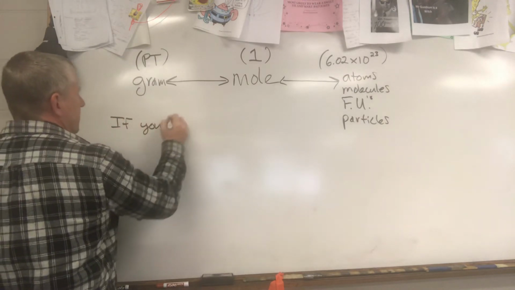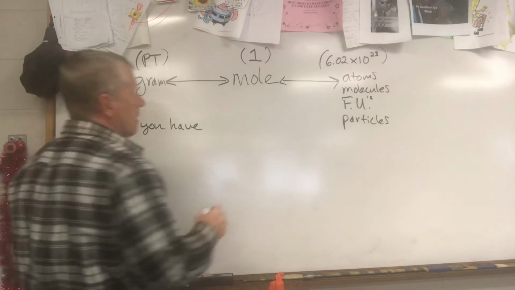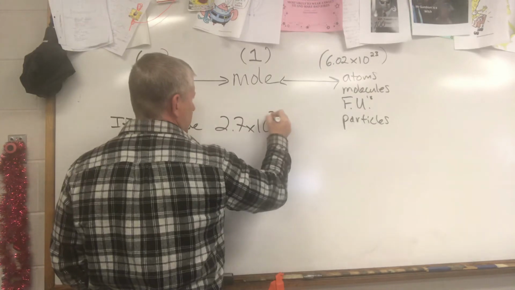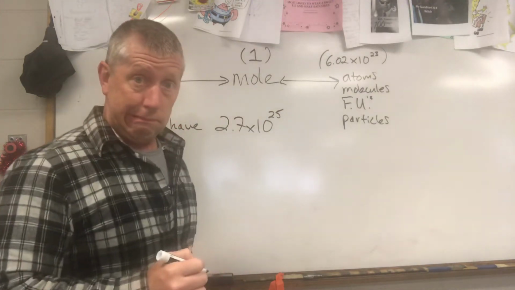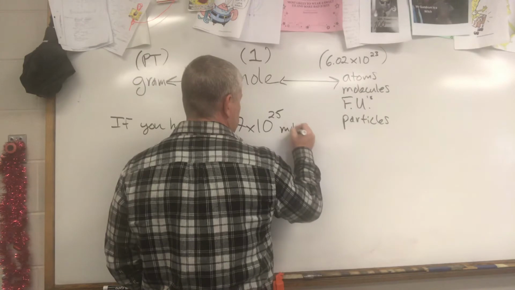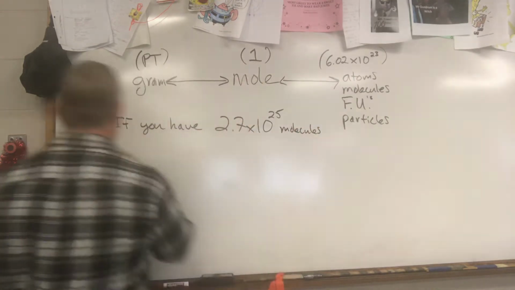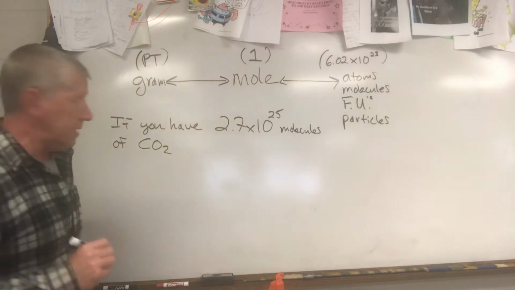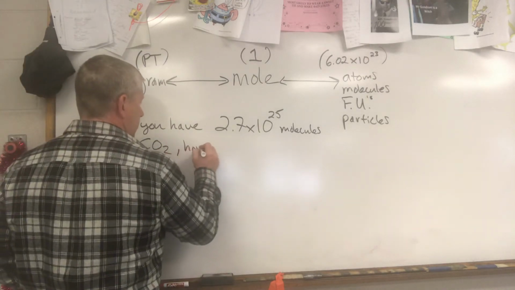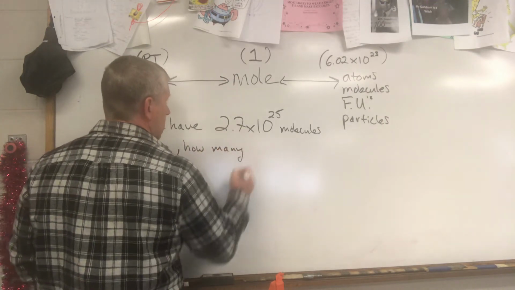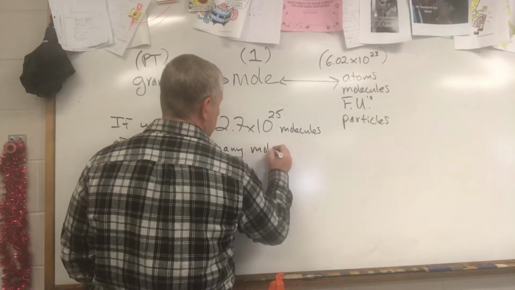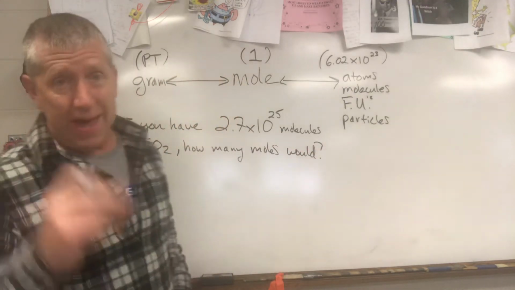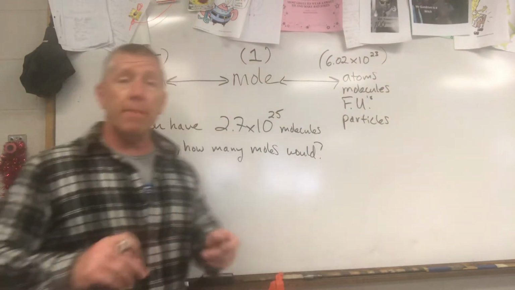If you have 2.7 times 10 to the 25th molecules of carbon dioxide, how many moles would this be? How many moles would you have? How many moles, question mark, short for how many moles would we have?